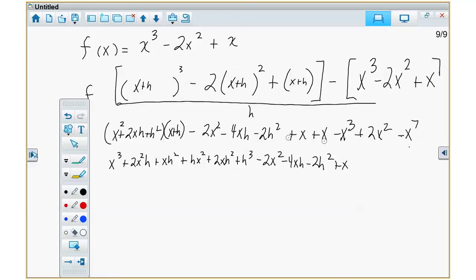That's supposed to be h. Minus x cubed, minus x, 2x squared minus x, minus x, that's it.